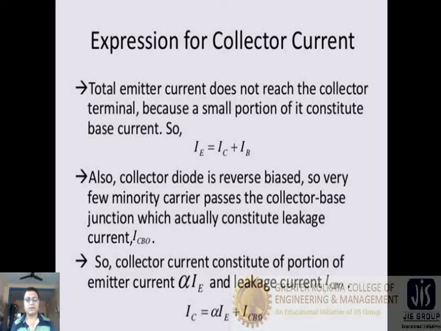So collector current constitutes a portion of the emitter current, alpha IE, and the leakage current ICBO. So the total collector current can be found with the help of this equation, which is a summation of alpha IE and ICBO, which is the leakage current in case of the collector base junction. So in this way we can find out the collector current of the transistor or a BJT.